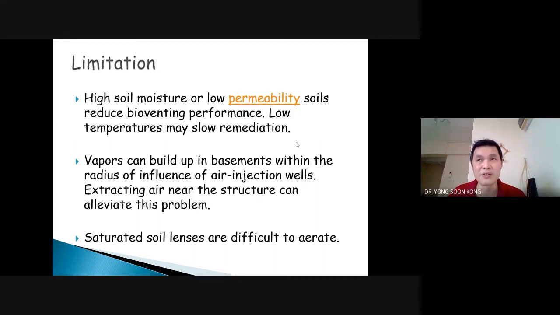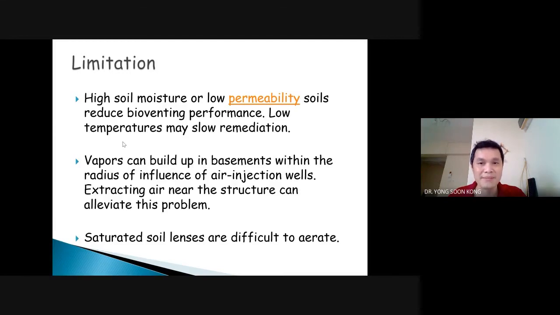However, if the contamination is very high, then maybe you have to switch to a better technique, use better bacteria, put more nutrient, or maybe something else. But here, the major problem is that we all know soil is not very permeable, especially in Malaysia, where we have high rainfall and most of the soil is quite wet.